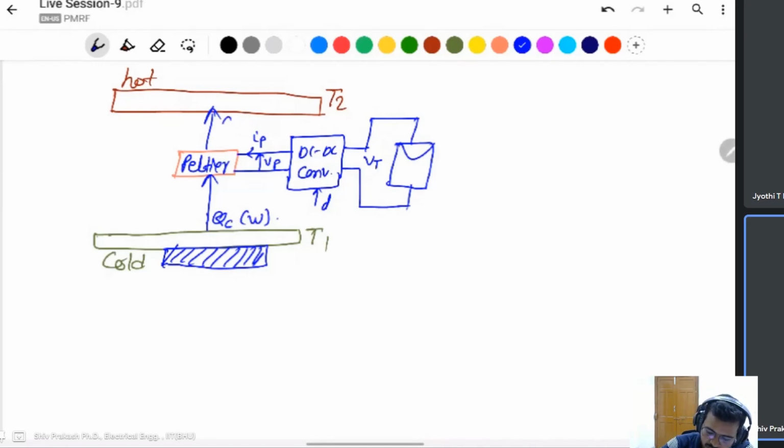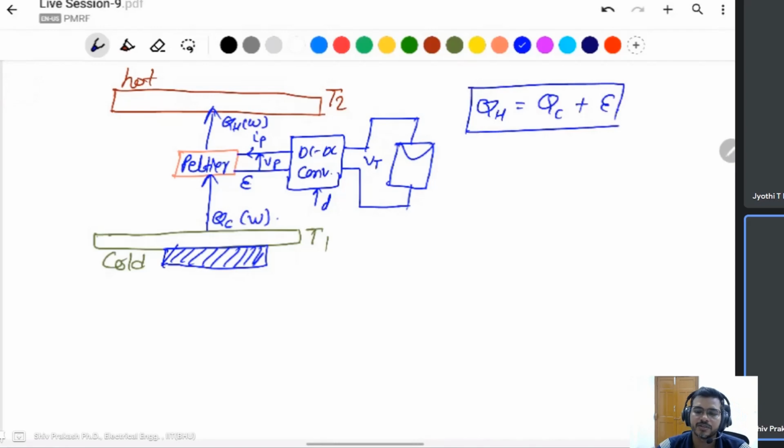So this is the cold, and this one is the hot temperature. This is the electrical supply, VP IP, then you can say that the hot side heat is the cold side heat plus the electrical supply which is applied.